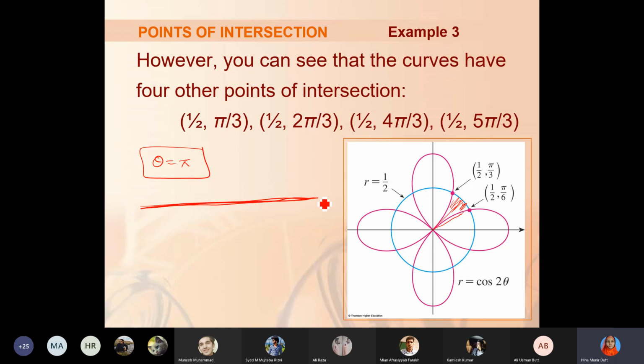It is a straight line, and the length of this line is infinite unless we specify the limits of r, that it lies from 0 to 1 by 2. So the length of this curve is simply 1 by 2.